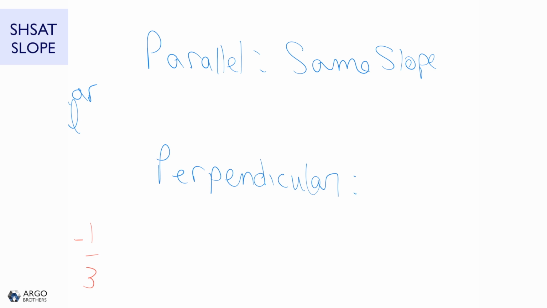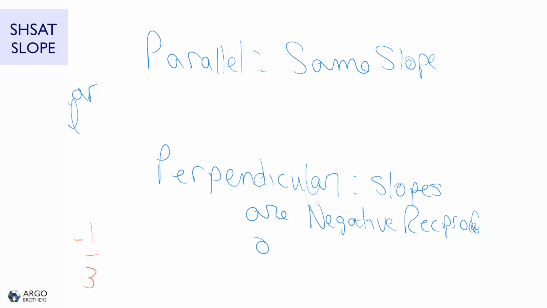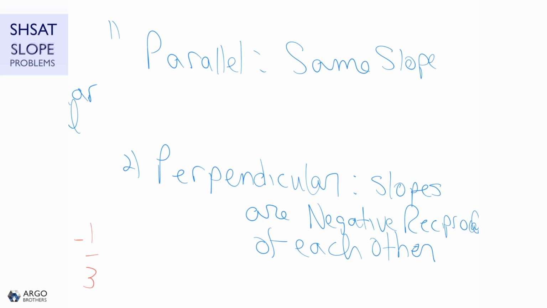And perpendicular means slopes are negative reciprocals of each other. So if one is 5, then the other one would be -1 over 5. So those are the two ways we're analyzing lines. And in our next video, we'll go over some problems.